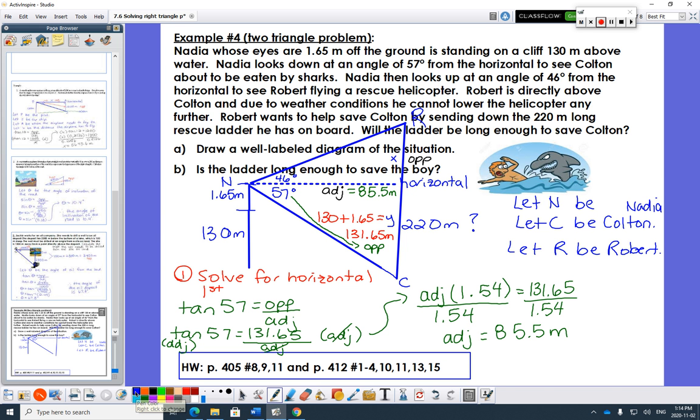So now I have adjacent to 46 and the opposite is x. So I'm still going to use tan, which again is a really common thing in these word problems.